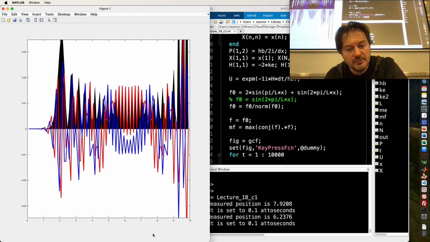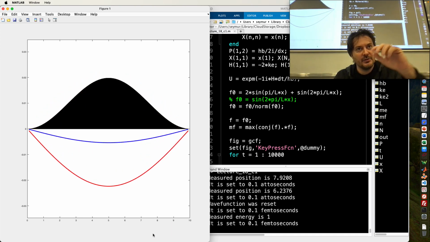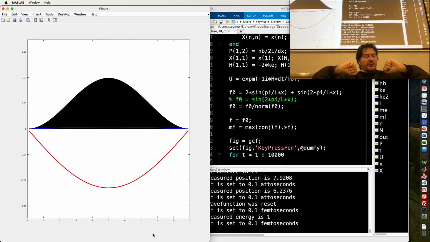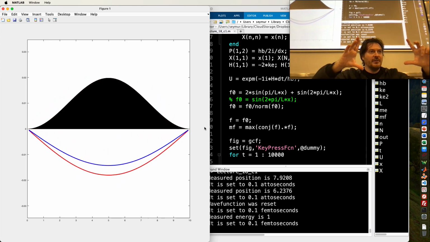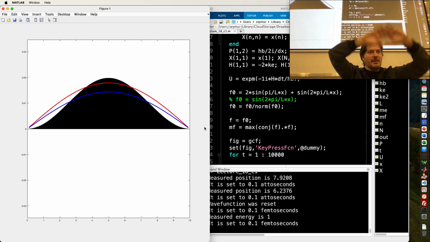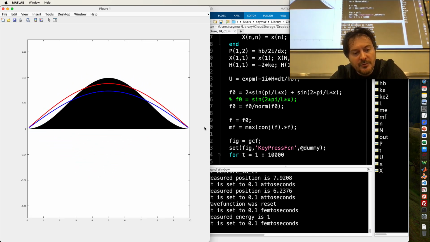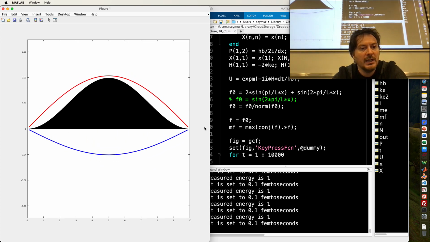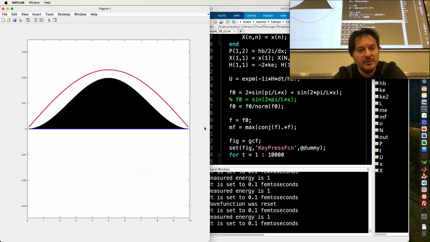But for energy, let me restore it and measure energy. So I measured energy, and it collapsed into one of the stationary states. Look, the stationary state shows itself even in the absolute value squared of the wave function. It's like taking a picture of the wave function. The absolute value just freezes. Then no matter how many times you measure energy, which I'm doing right now, I will always get the same energy.